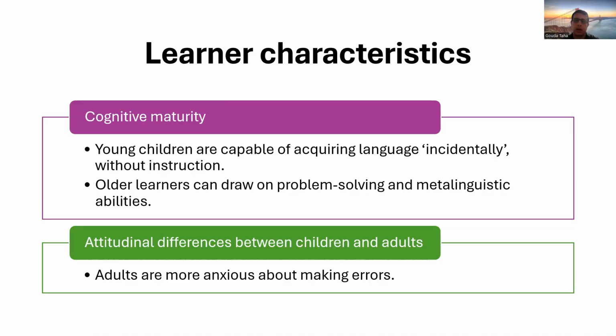So they depend on all the metalinguistic knowledge that they have, especially from the first language that they already have in place. And they are going to depend on more of the skills that they have in order to help them navigate through the second language learning process.